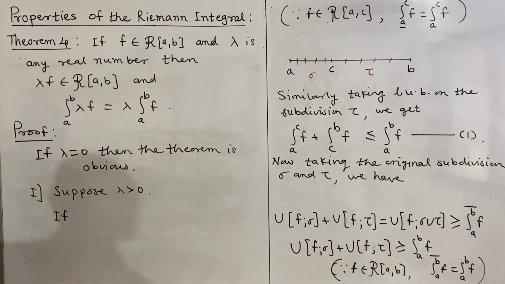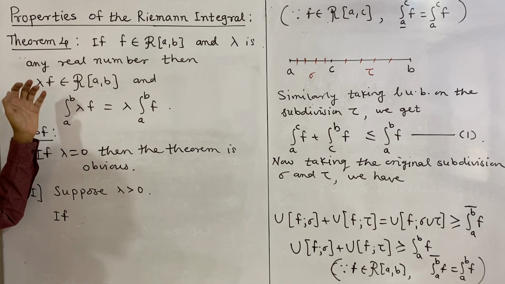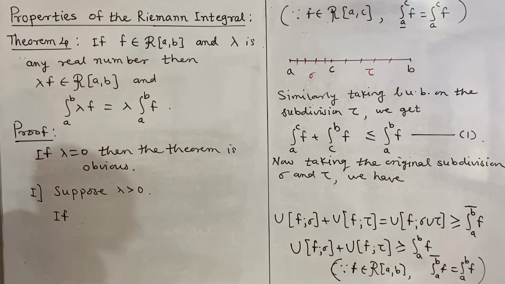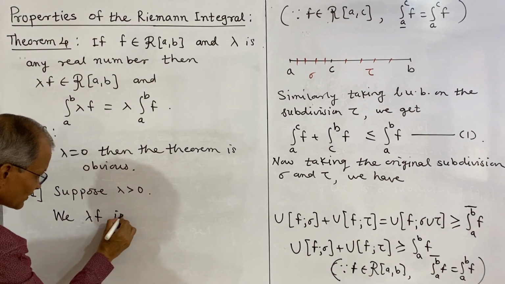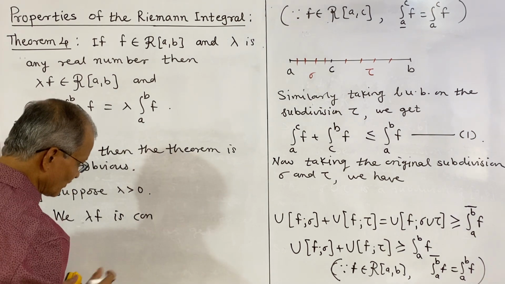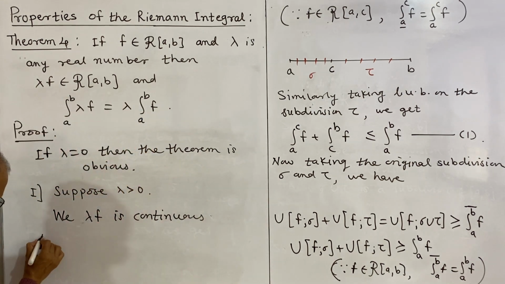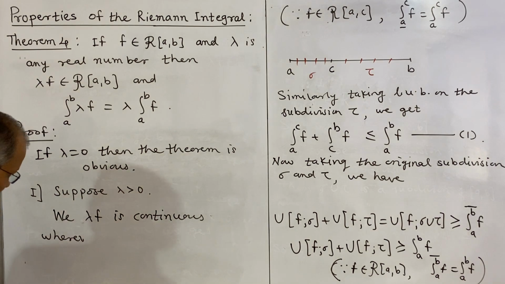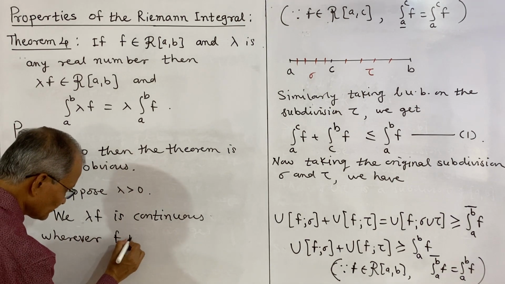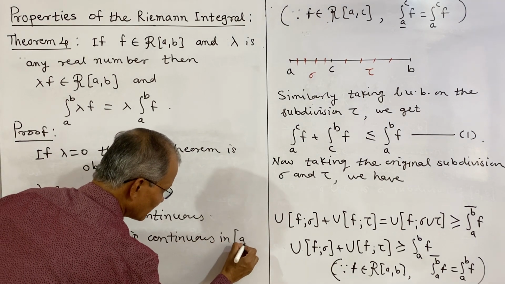We can write directly that lambda f is continuous wherever f is continuous in the closed interval a to b. Lambda is a constant.